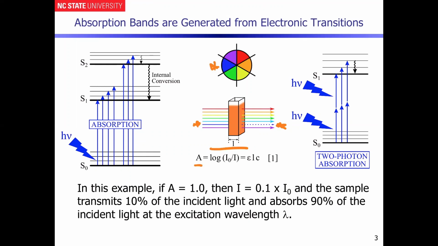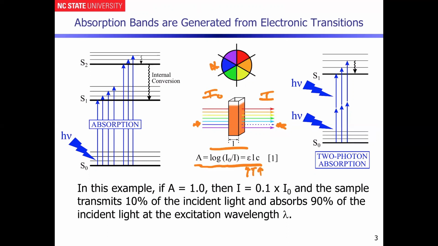And then the absorbance you measure follows what's called the Beer-Lambert law, but it's also the log of the incident light intensity divided by that which passes through. So I0 is what's incident on the sample, I is what passes through. And that's related to the molar extinction coefficient times the path length times the concentration of the sample.